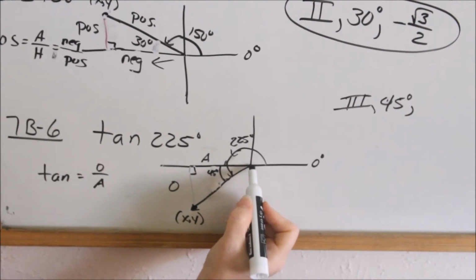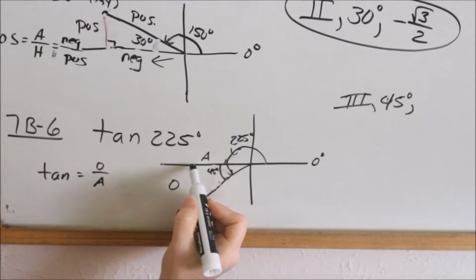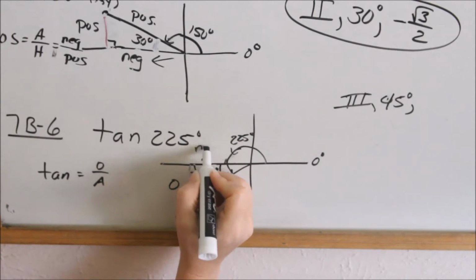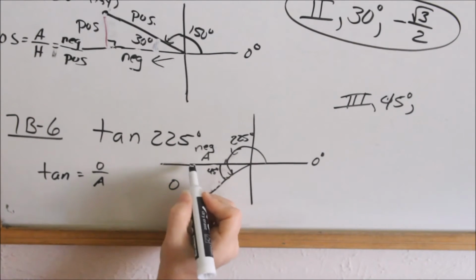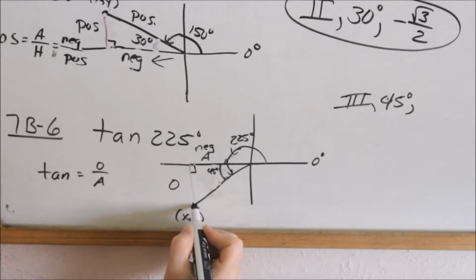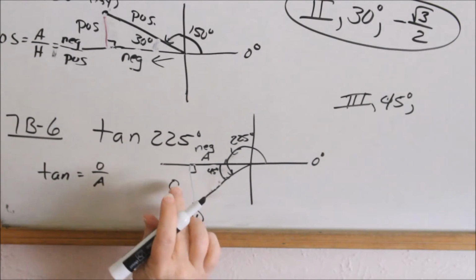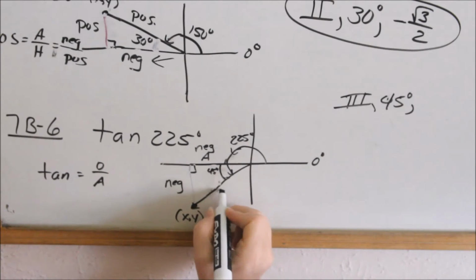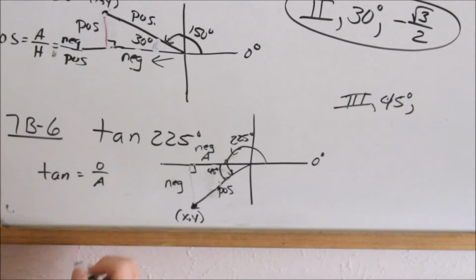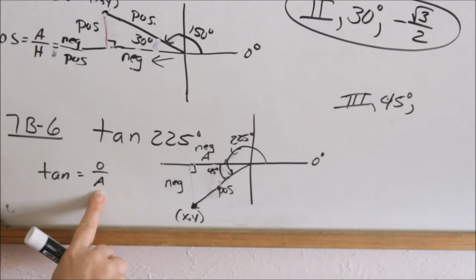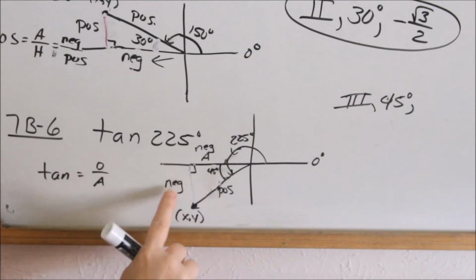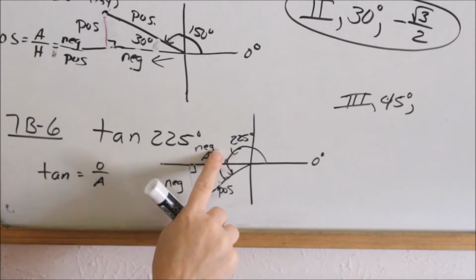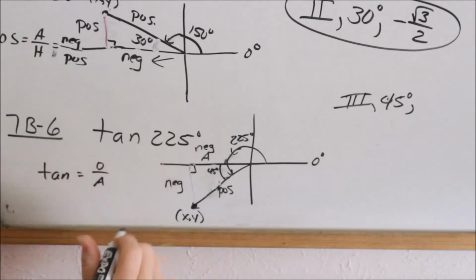Okay, if I start at the origin and I go to the left, is x negative or positive going to the left? That would be negative. So I went in the negative x direction and then go down to get to my y value. Going down would also be negative. Hypotenuse is always positive. So we're dealing with tangent, which is opposite over adjacent. So if I'm standing here, I have a negative over a negative. Opposite over adjacent.